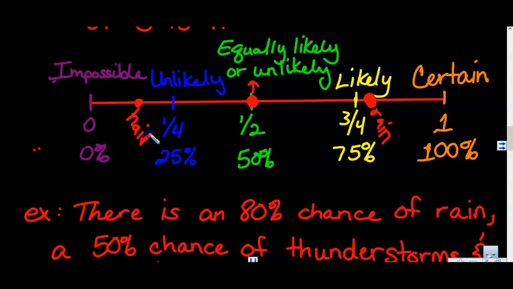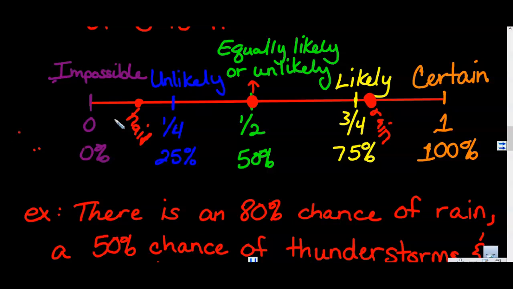So how would we describe our chance of it hailing tomorrow? We cannot say it's impossible because there still is a chance, even though it's small. It can be a 0.005% chance. And unless it's 0, we have to say it's unlikely because it's still possible. So hail we would consider unlikely.